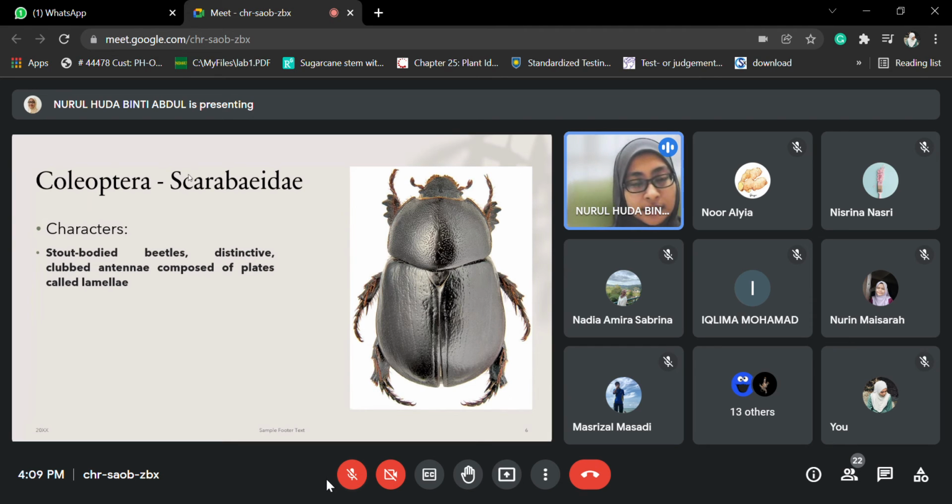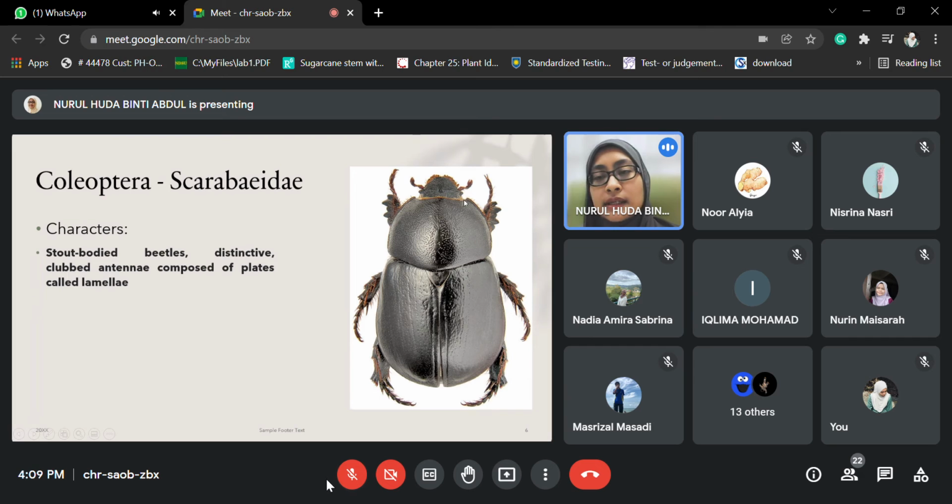Please check your notes again, or you can Google it, the lamellate type. So it has a club shape, except the club is tightly arranged, with 3 or 4 lamella-like plates. We call it lamella. This is its antenna.